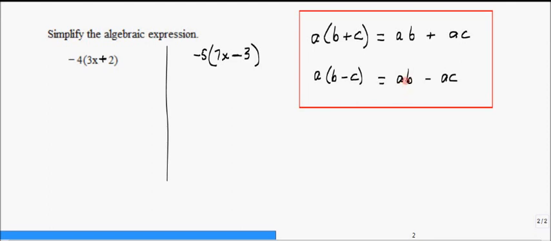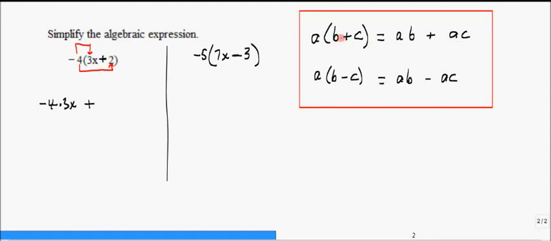If we do that in the first case, we're going to take this negative 4 times a positive 3x and a negative 4 times 2. So negative 4 times 3 is, well, let me write it out for now. Negative 4 times 3x, and then plus, because I'm just using this form of the distributive property right here.